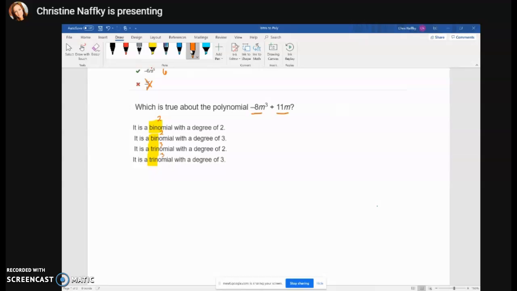So since this has 2 terms, it cannot be a trinomial. And then looking at your degree, you always look for the highest exponent or the highest sum of the exponents. So this is a 3, and this is a hidden 1. So my degree would be the highest, which is 3. So it should be that choice right there. Bi meaning 2 terms. Degree is 3 because it's the highest exponent.